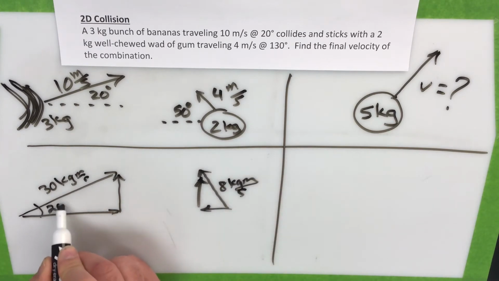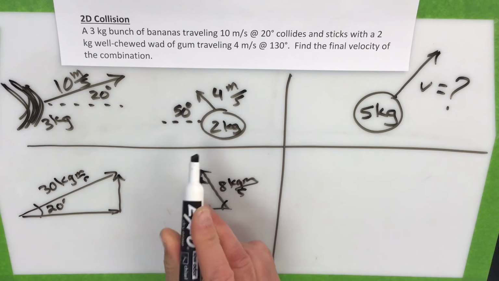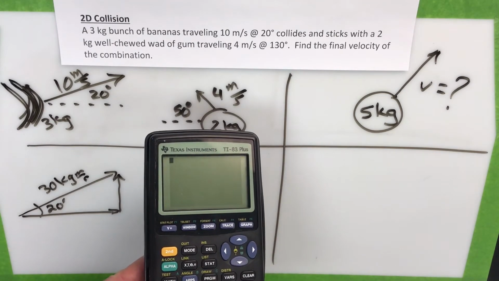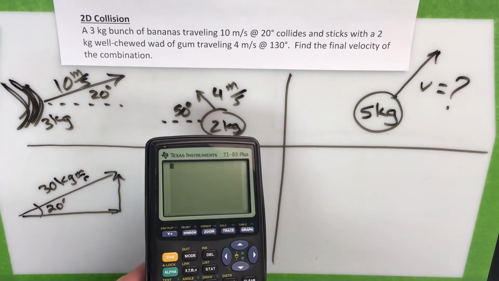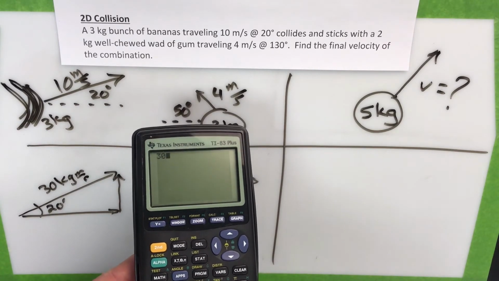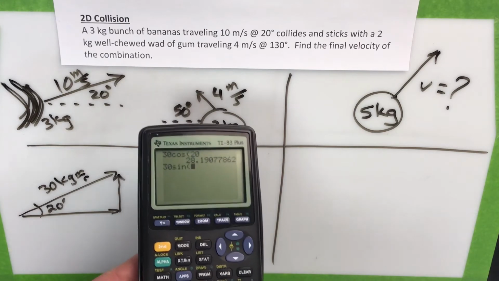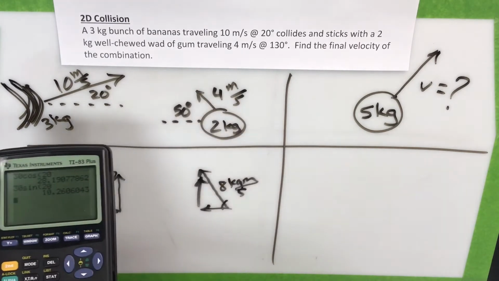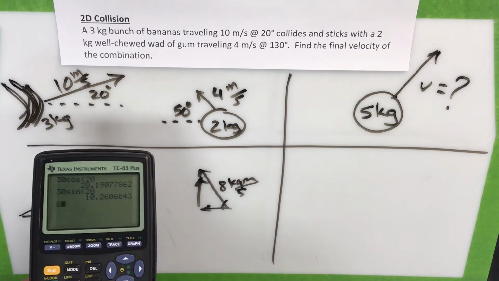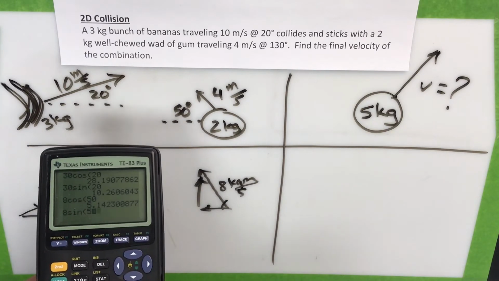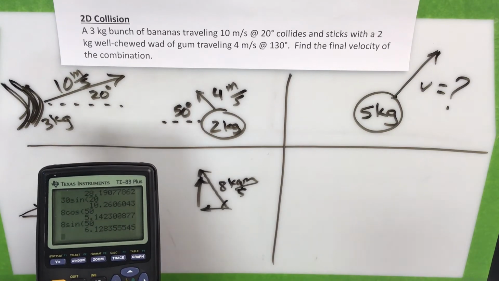And this is 20 degrees, and this angle is the 50 degrees, it's right there. All you have to do is have the students take the calculators and then the concept of the components, 30 cosine 20, enter, 30 sine 20, enter. And the other one, 8 cosine 50, enter. 8 sine 50, enter.